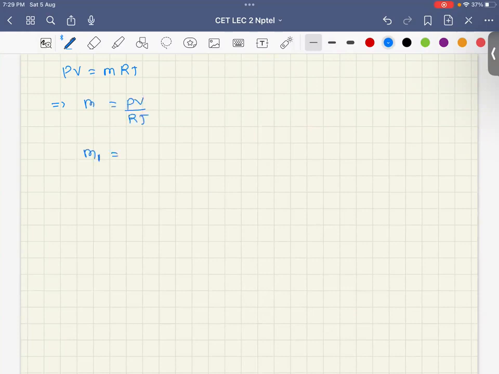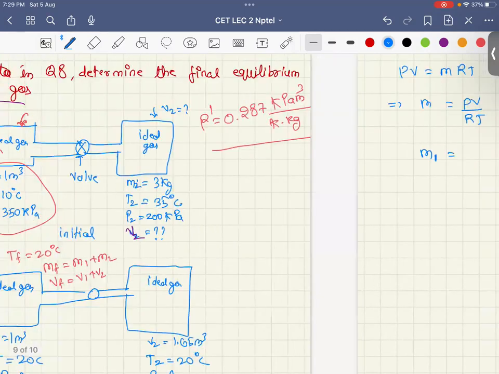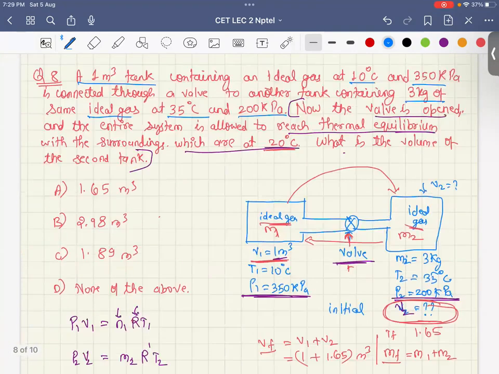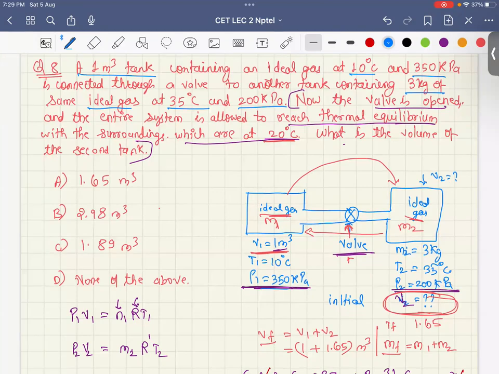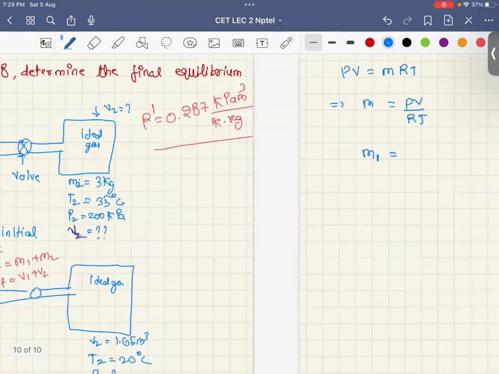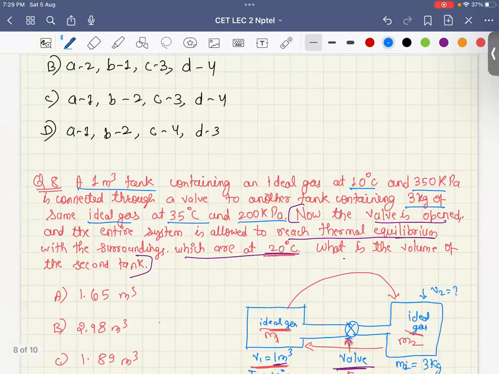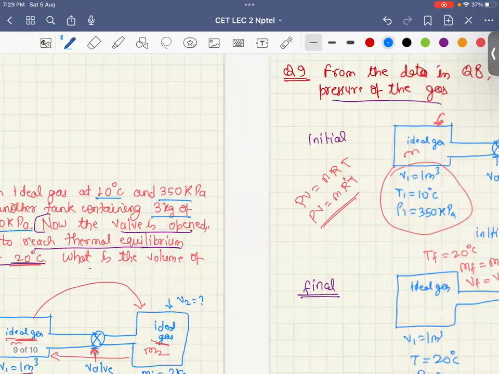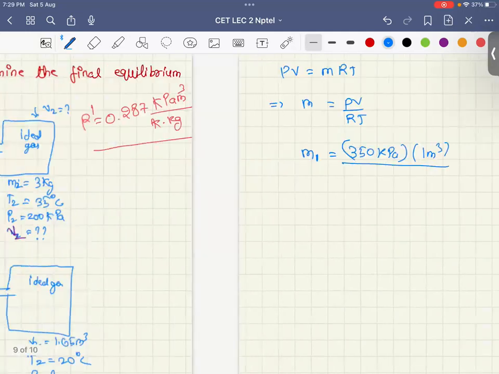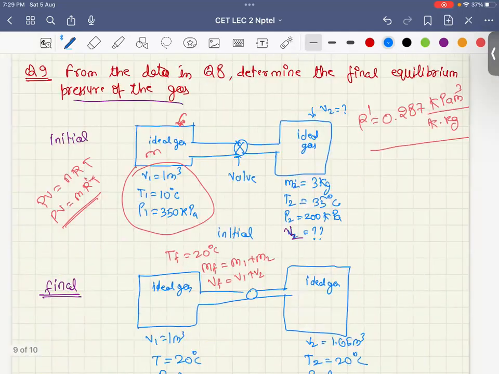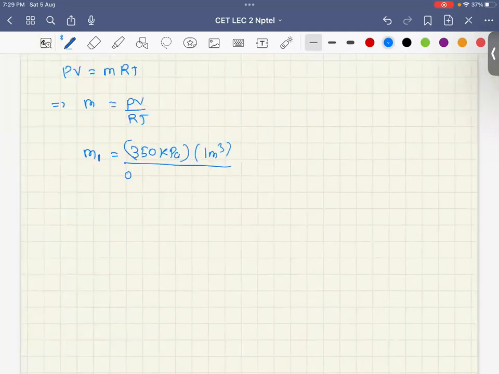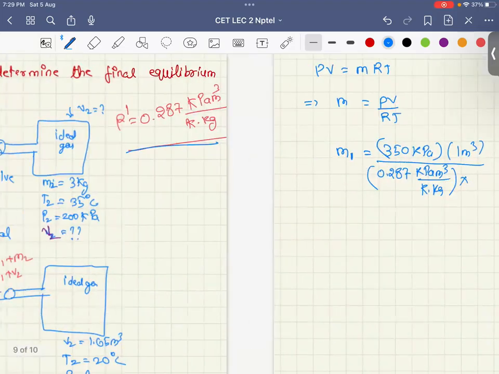So m1 is going to be pressure 1, which is 350 kilopascal, multiplied by volume, which is 1 meter cube, divided by R', which is 0.287 kPa meter cube by Kelvin into kg, multiplied by temperature.